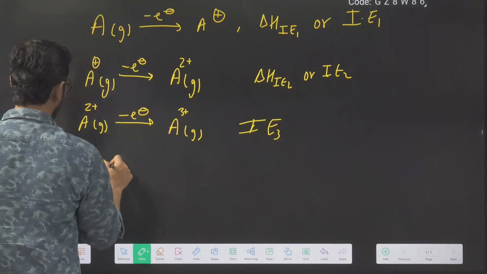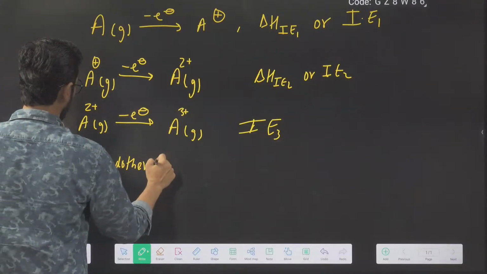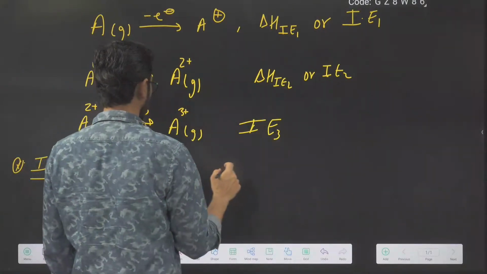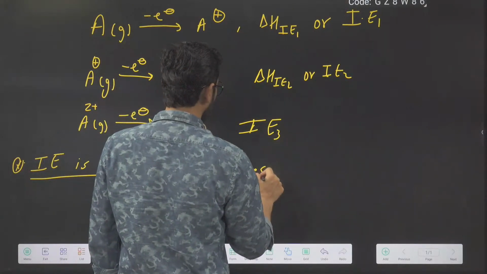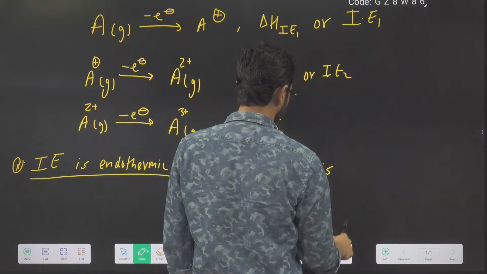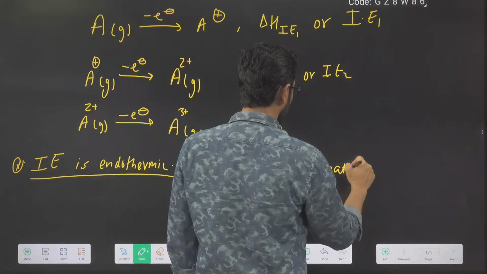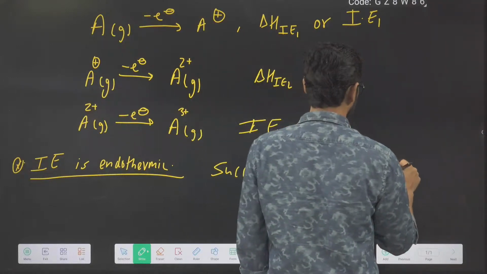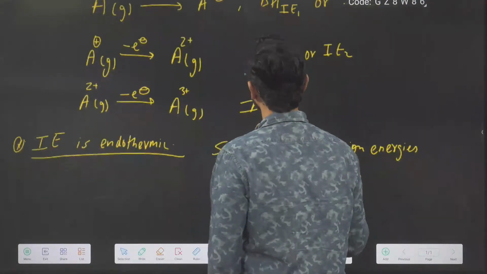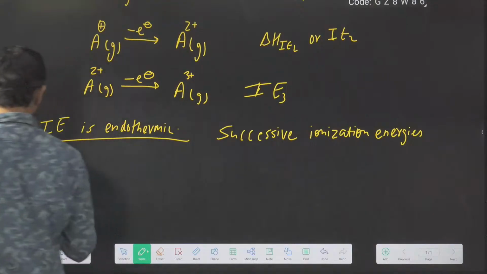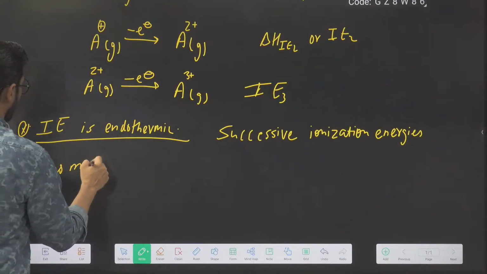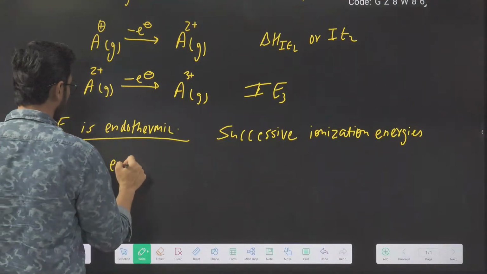Ionization energy is endothermic. Energy is absorbed, right? Successive ionization energies, successive IE always more endothermic.